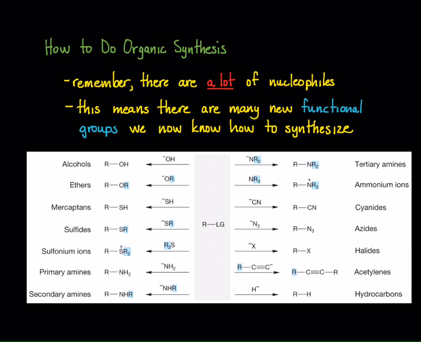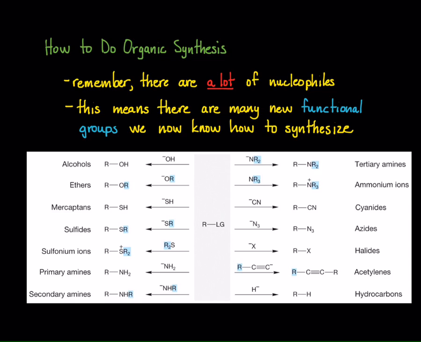Of course, we're going to see that you can take sulfides and react them to get sulfonium ions, and I'll talk about that in just a little bit. Also, you can make amines from the amide anion, or even ammonia. You can make secondary amines, tertiary amines, and ammonium salts. You can make cyanides if you use cyanide as a nucleophile, often called nitriles.